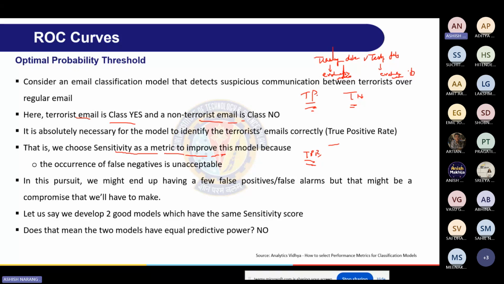Nobody is taking notes? Should I assume that? Anish? Ali?